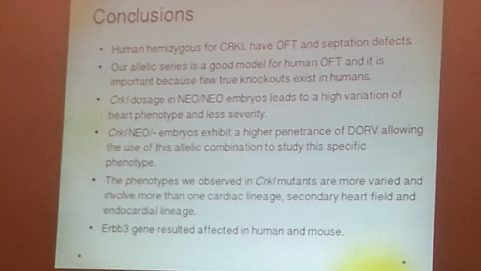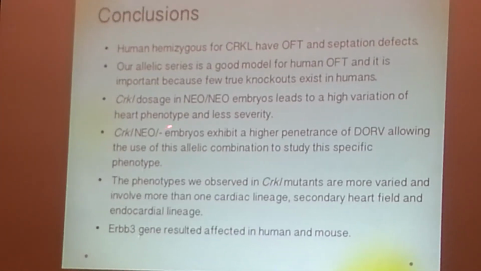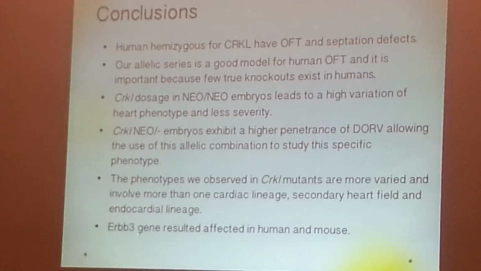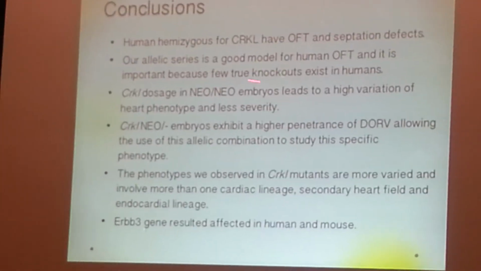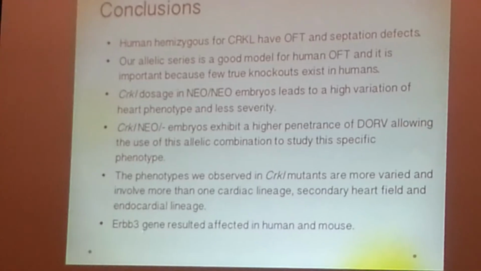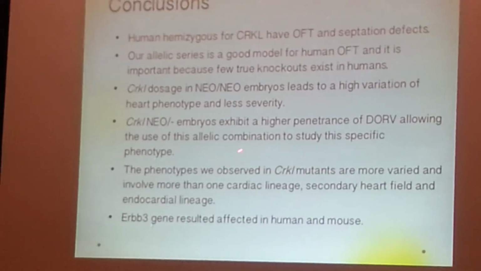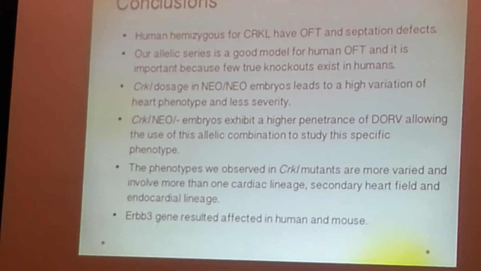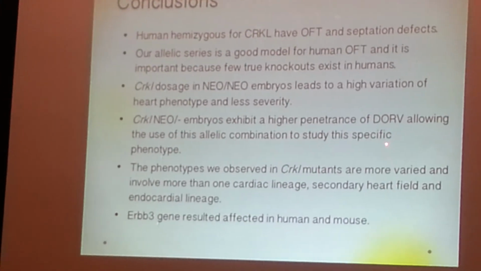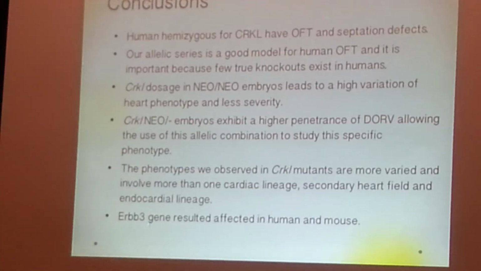Crkl dosage in neo embryos leads to a high variation of heart phenotype, and the phenotypes are less severe, probably the best mimic of the human phenotypes. Crkl neo-minus embryos exhibit a higher penetrance of double outlet right ventricle, allowing the use of these allelic combinations to study this specific phenotype, which happens very often in humans as well.